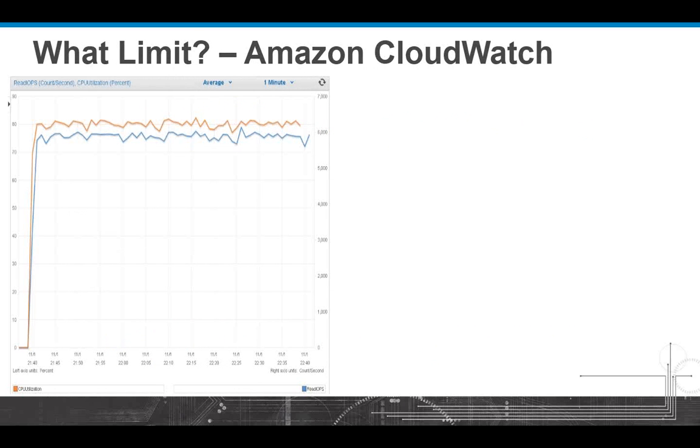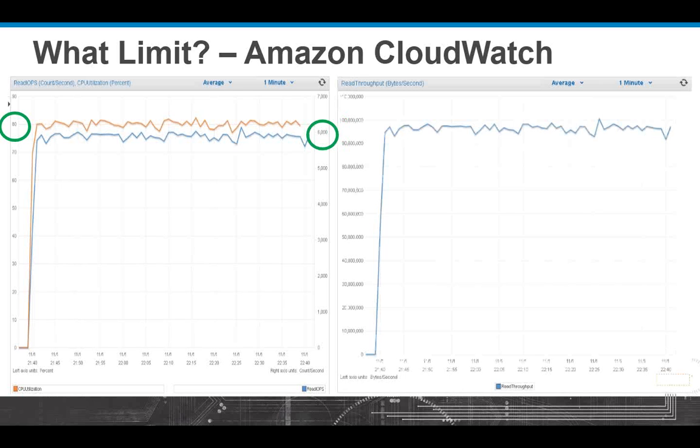Some of the metrics that we dug into shed more light on why that happened. You can see that the CPU utilization is at 80%, which is reasonable. You're not pushing the instance that hard. Whereas the read IOPS performance stagnated at around 6,000, even though you've provisioned 10,000 IOPS for that instance. Here you can see the read throughput.